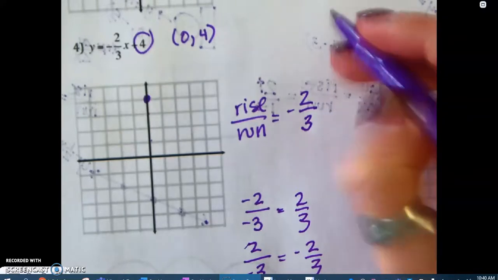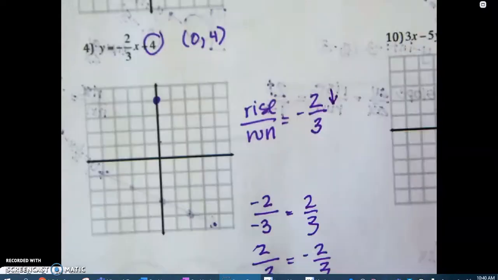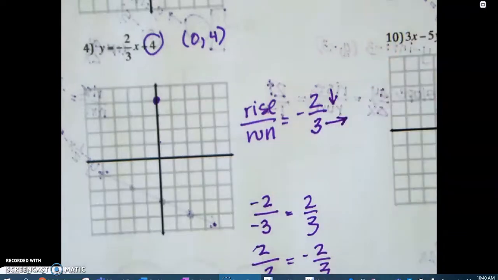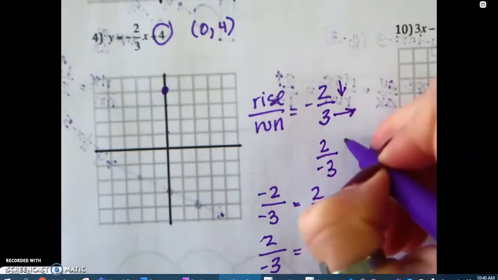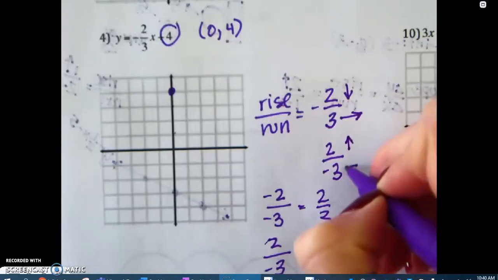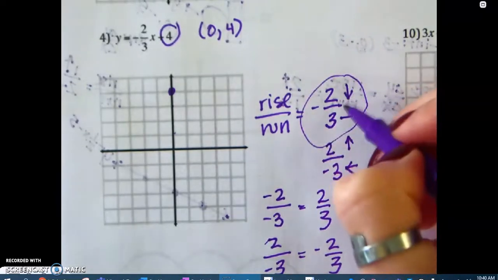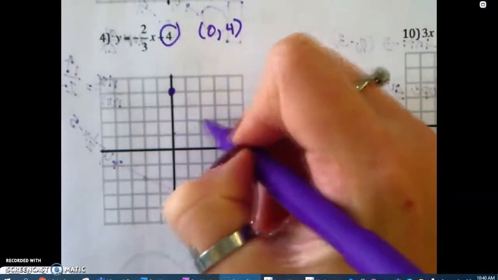So for example, if you choose the 2 to be negative, that means you're going down 2 for your rise. And that means your 3 is positive, so 3 will still go in the positive direction. If you choose your 3 to be negative, that means you'll go up 2 and you'll go to the left 3. So if I do this one, I'm going down 2 to the right 3. Down 2 to the right 3.